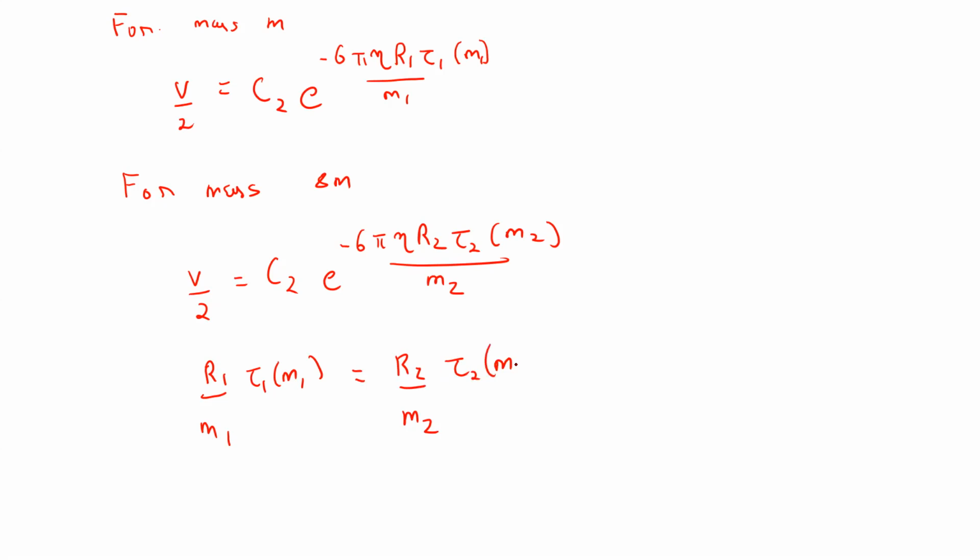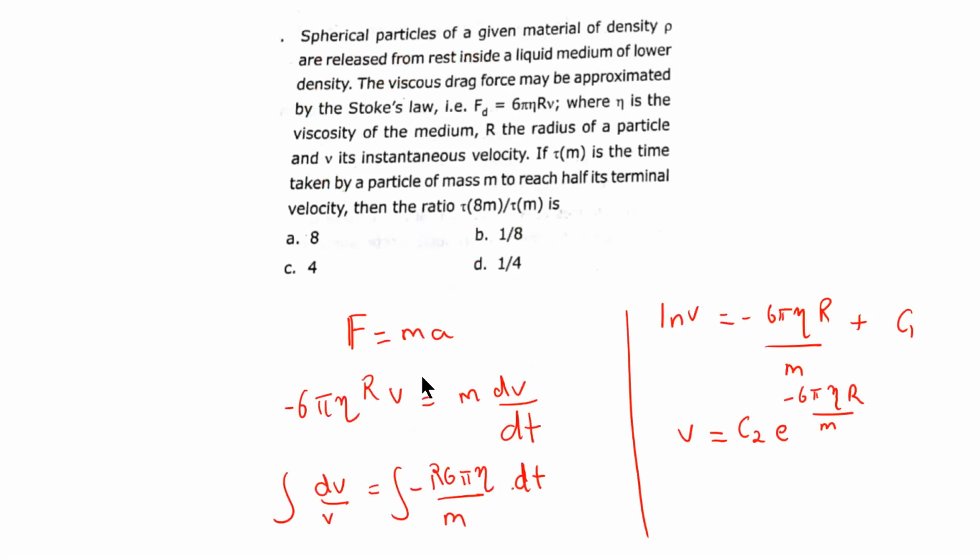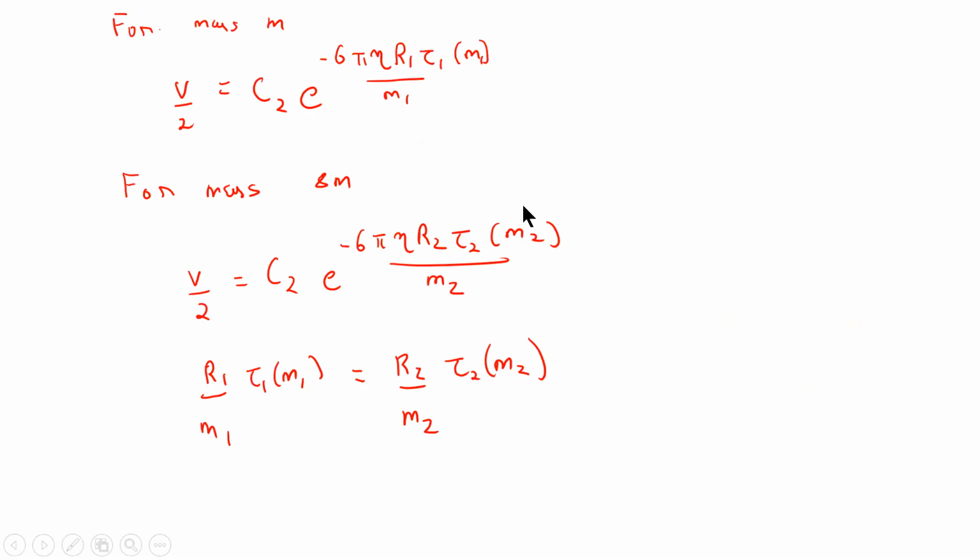So this tau 1 by tau 2 is what we are asked to evaluate, right? So we are asked to find the expression for tau 2 by tau 1. So tau 2 is for 8m, tau 1 is for m. Okay, so now what we're going to do is use this equation. Let me do it on the side of the board.